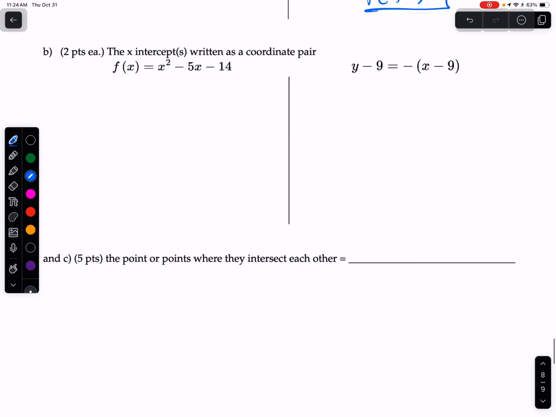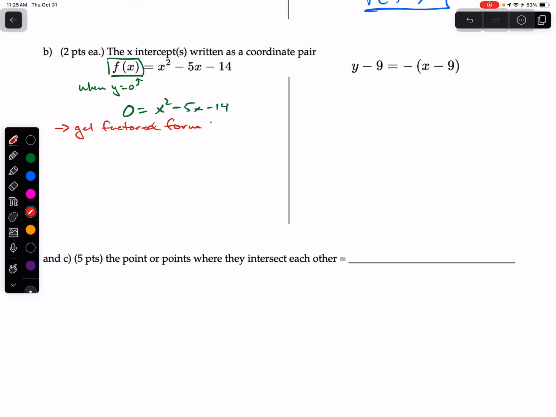Okay, the x-intercepts happen when y equals 0. So we'll have 0 equals x squared minus 5x minus 14. And what we're going to do is get factored form and use the ZPP.